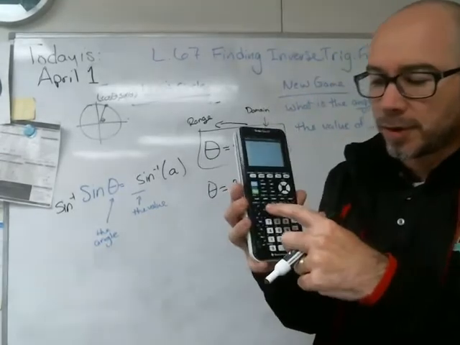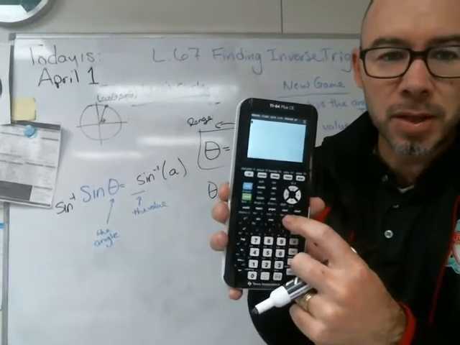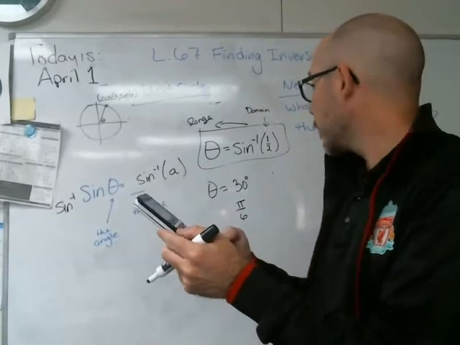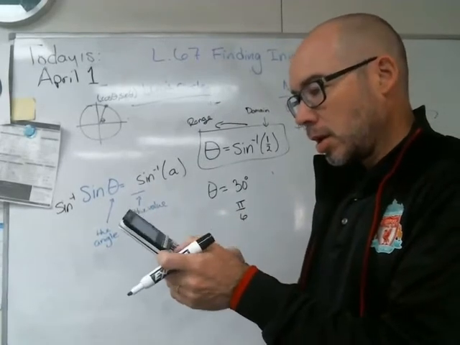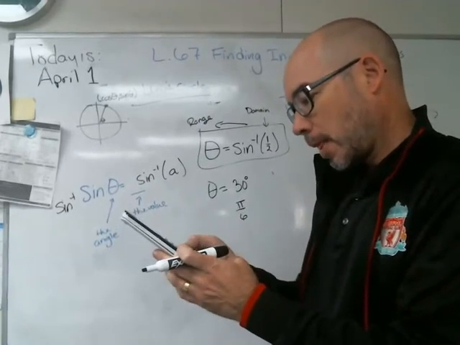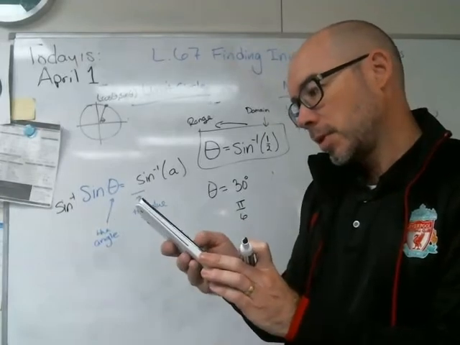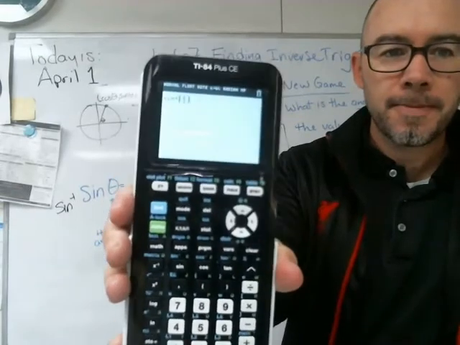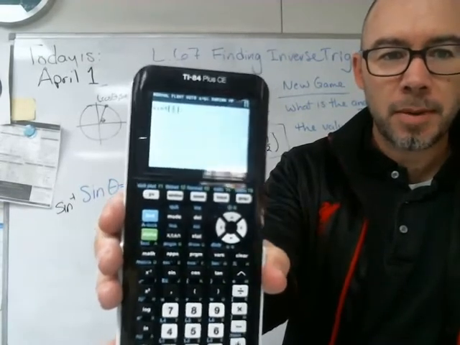But the inverse functions are right above the sine, cosine, and tangent. So you're going to use your blue button to get inverse sine, and then you can give it the fraction 1/2. There we go. Okay? That's what we got.